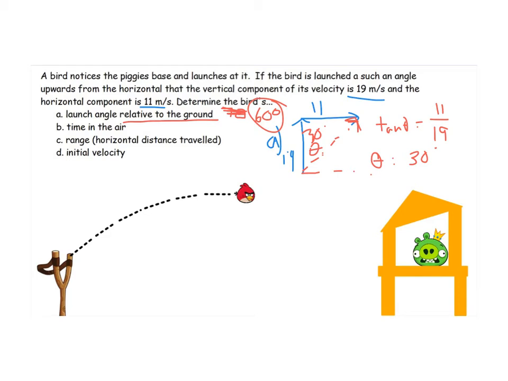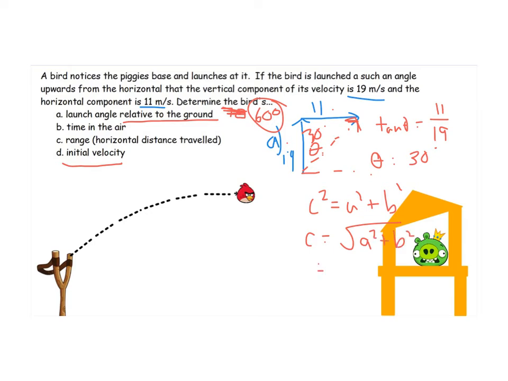Then we have B, C, and D. Maybe we'll answer D right away because we're basically there already. It says initial velocity. Now, I have two components of its initial velocity, but its initial velocity is this whole leg. We do know the angle, so let's just find the initial velocity. I'll use the Pythagorean theorem. c squared, my longest side, is equal to a squared plus b squared. So c is the square root of a squared plus b squared.